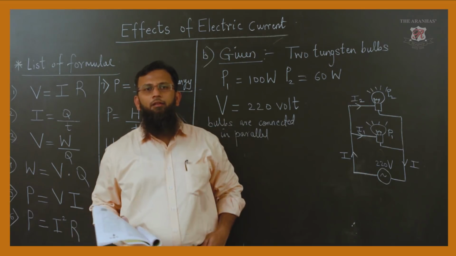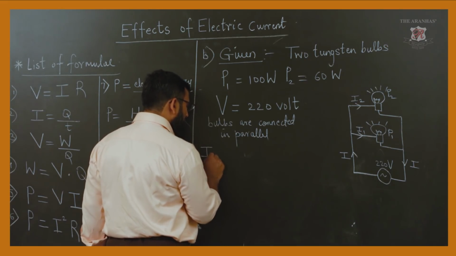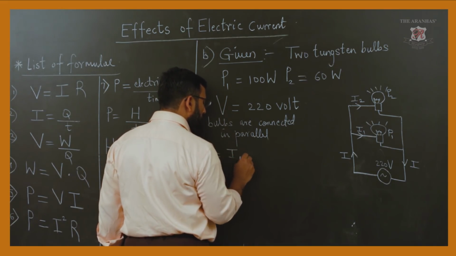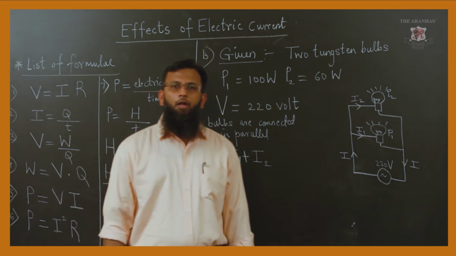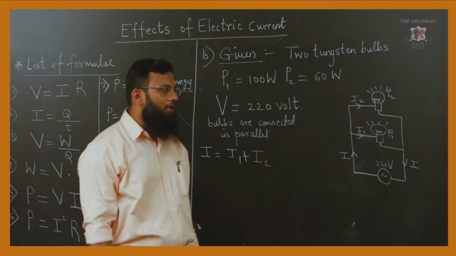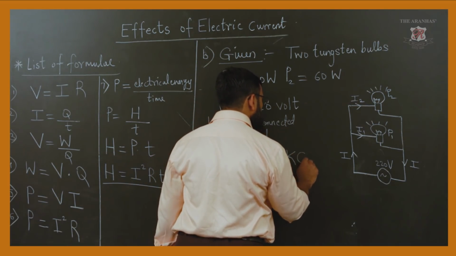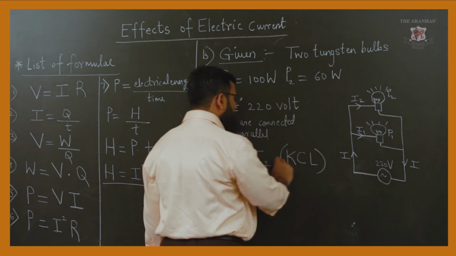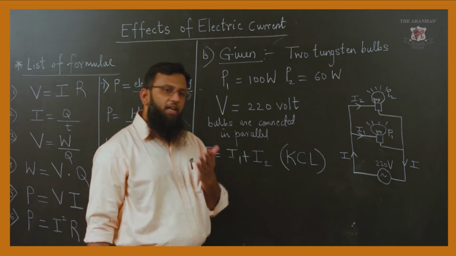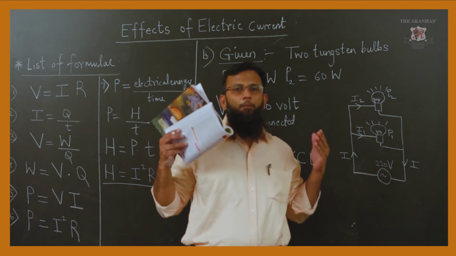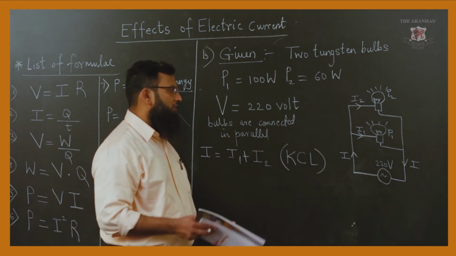For your information, I will tell you the reason behind this. Total current I of the conductor will always be the algebraic sum of the individual currents flowing in the parallel branches, and this is in accordance with a law known as KCL, Kirchhoff's current law, where it says in any junction whatever amount of current is approaching, the same amount of current will be leaving the junction.